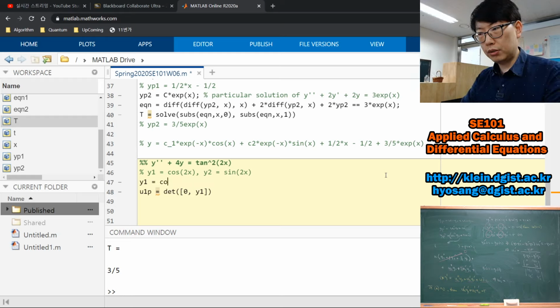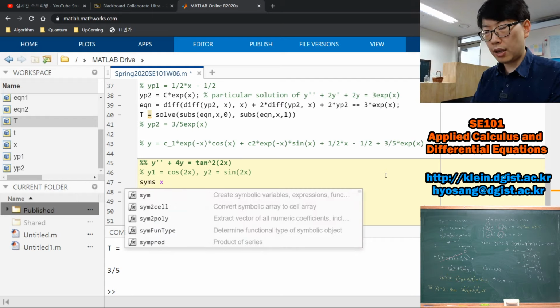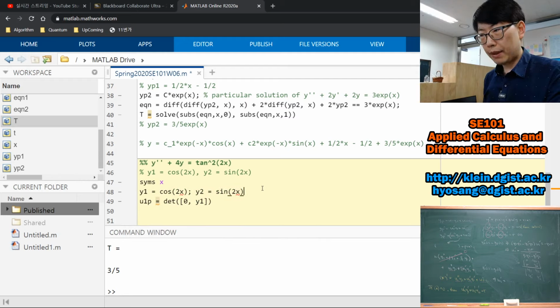I didn't define y1 yet, so it's cosine 2x, and y2 is sine 2x. And I'm always assuming that my x is a symbolic variable, so define x as a symbolic variable.